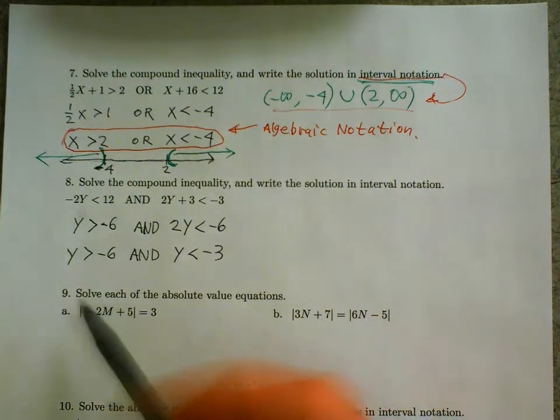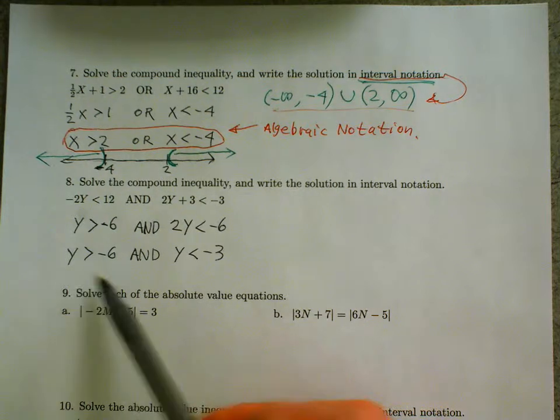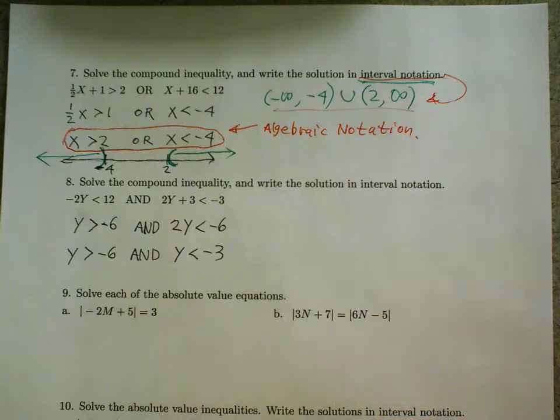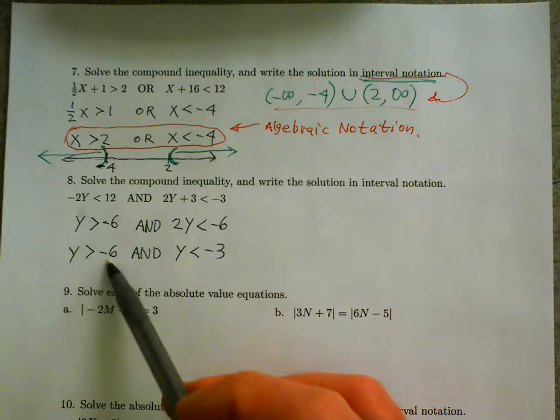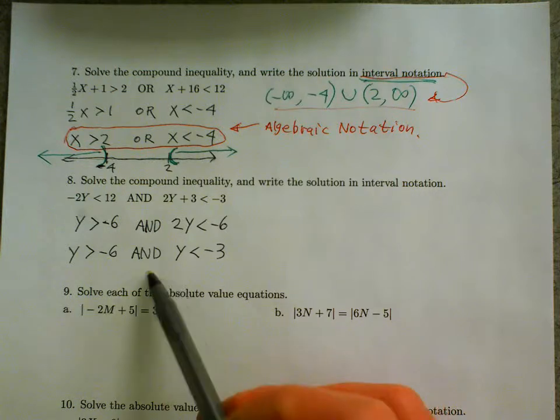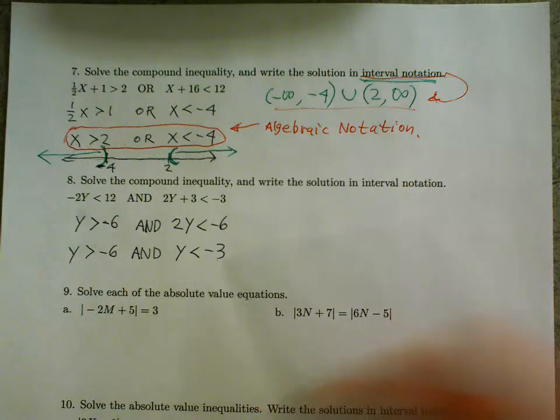Okay, so y is a solution if that number satisfies both conditions at the same time. So y has to be greater than negative 6, and at the same time it has to be less than negative 3.